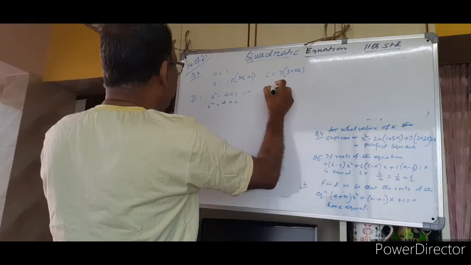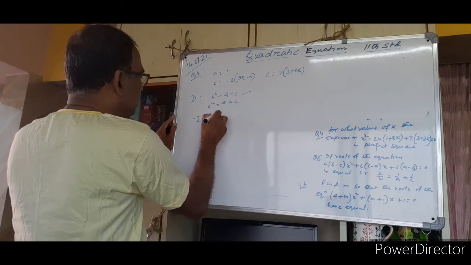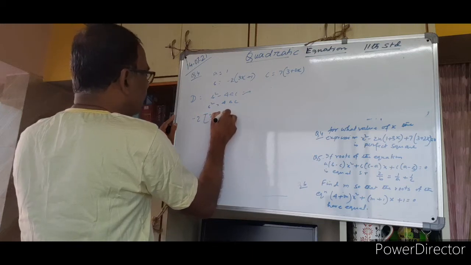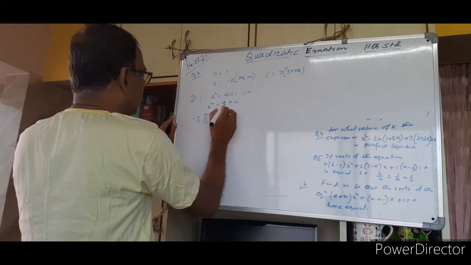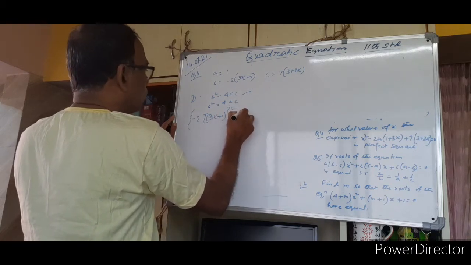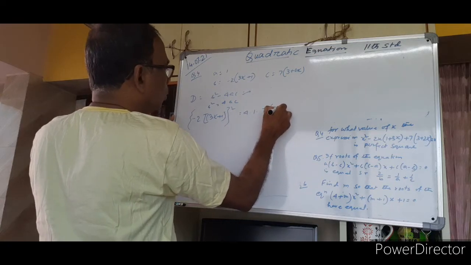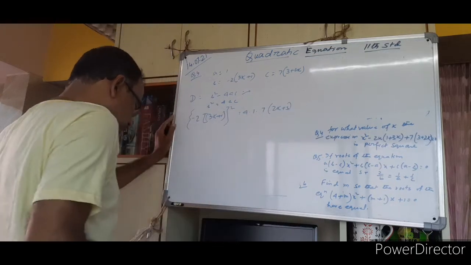That is, b square is minus 2 times 3k plus 1, whole square, equals 4 into 1 into 7 into 2k plus 3.